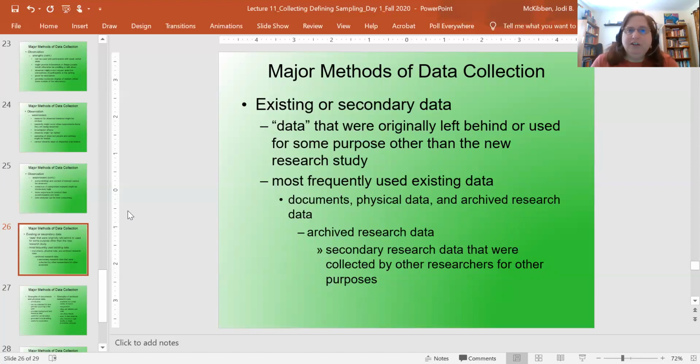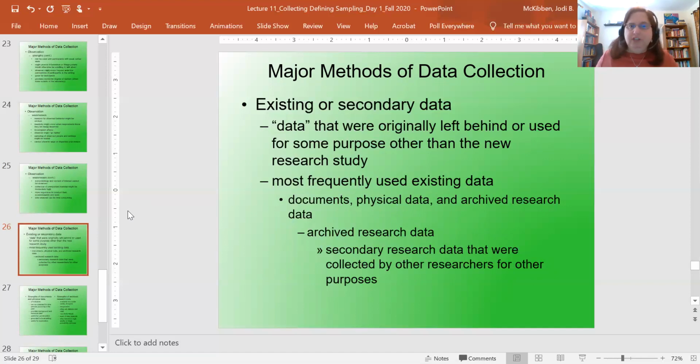Oftentimes researchers collect way more data than they actually need, and there's a whole host of reasons why they do that and why that may be justified. But you don't want data to go to waste. So why not use some of that data and look at other issues that are of interest? I'll give you an example. Some years back, I used an annual data set that was conducted on health and safety issues and those sort of things.